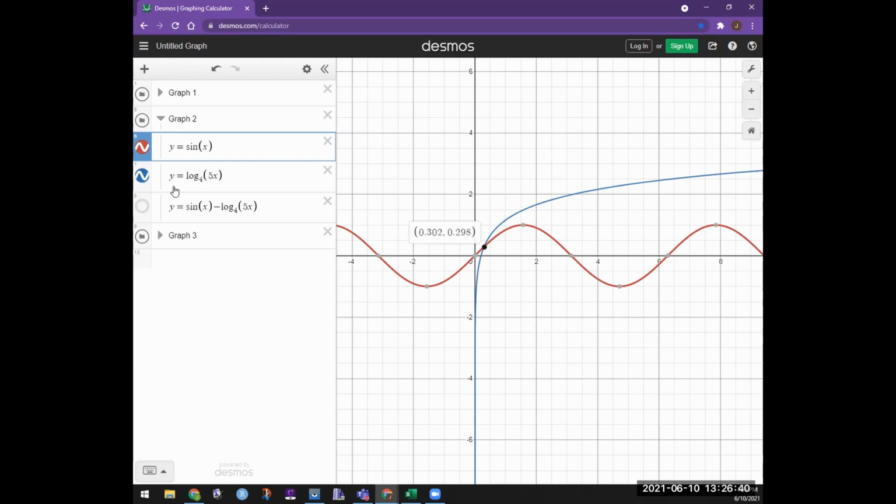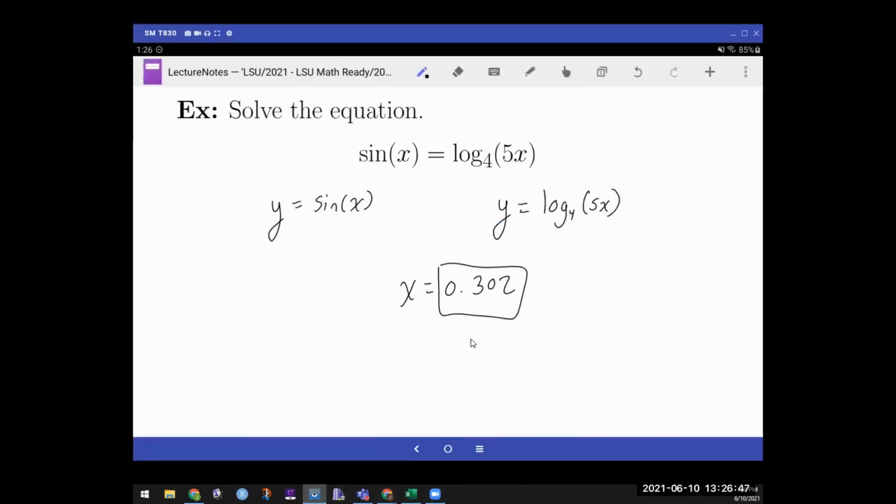I did want to mention another way to do this. You see this third option down here. You could graph them as two separate things, or think about what happens when you subtract two things that are equal to each other. Do that with something you know: 2 and 10 over 5.